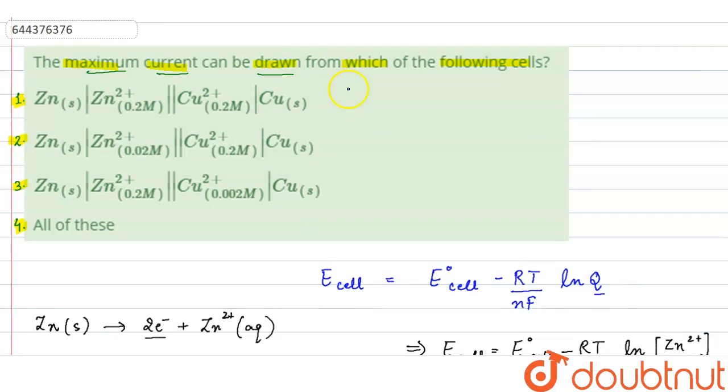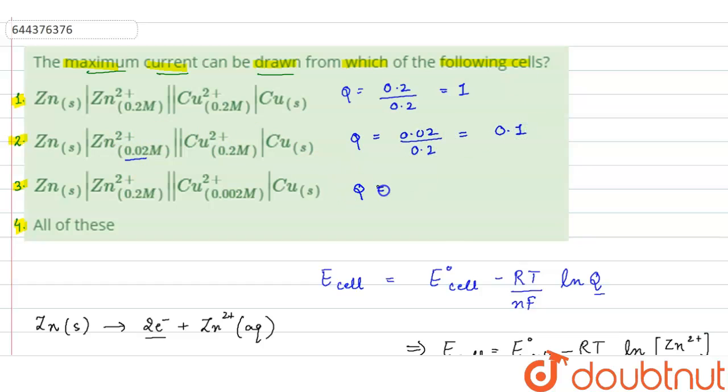In the first cell, Q will be equal to the concentration of Zn2+, that is 0.2, divided by the concentration of Cu2+, that is 0.2. So it will be equal to 1. Now in the second cell, Q will be equal to the concentration of Zn2+, 0.02, divided by the Cu2+ concentration, 0.2, so it will be equal to 0.1.